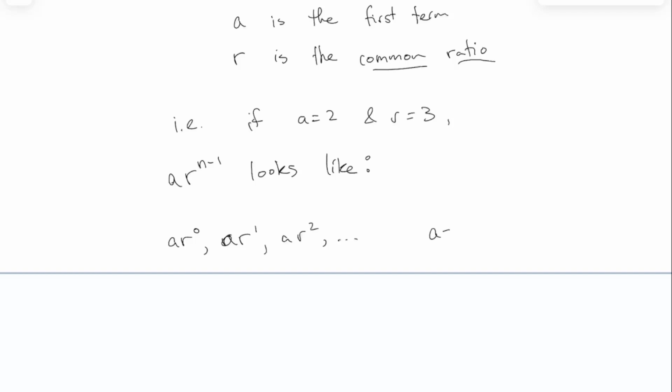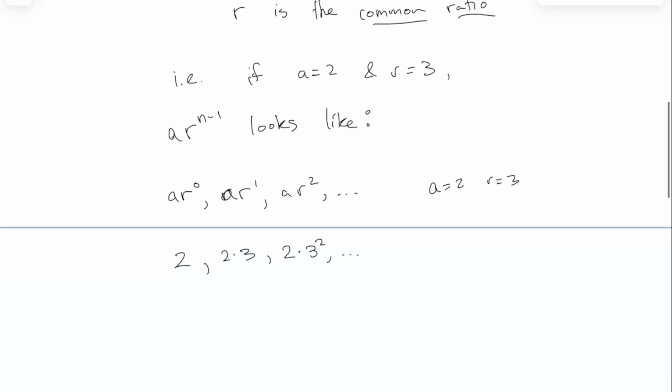And if we use a equals 2 and r equals 3, it looks like just 2 to begin with. Then the second one says 2 times 3. The next one says 2 times 3 squared, etc. So if I simplify a little, it's 2 and then 6, and then 2 times 9 is 18, etc. All right.